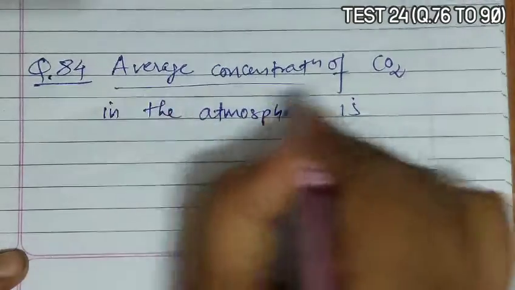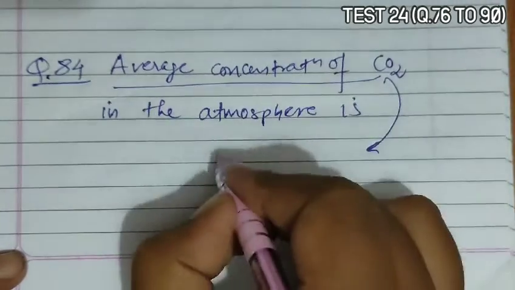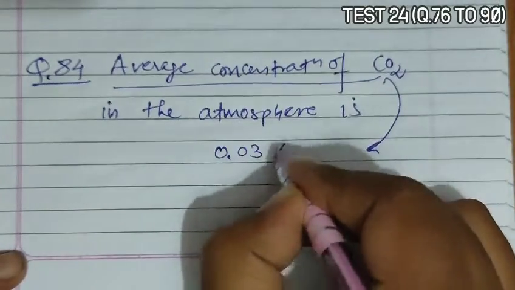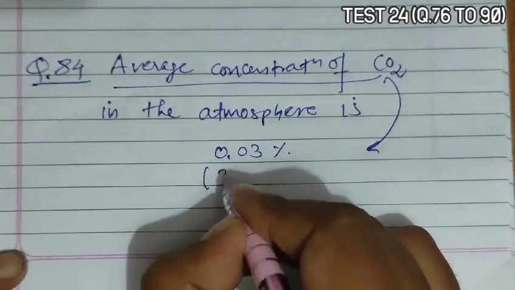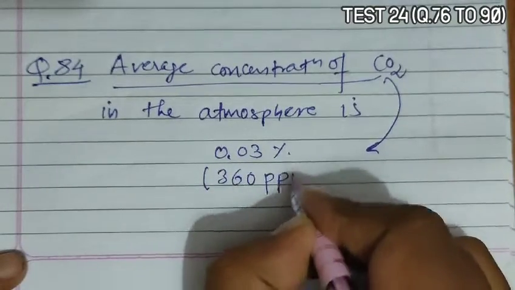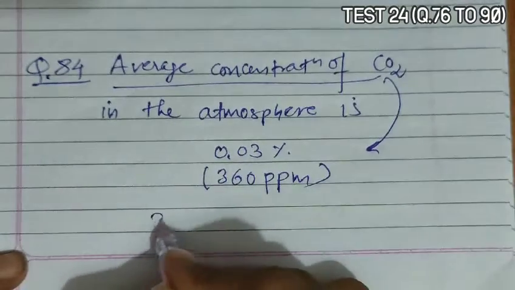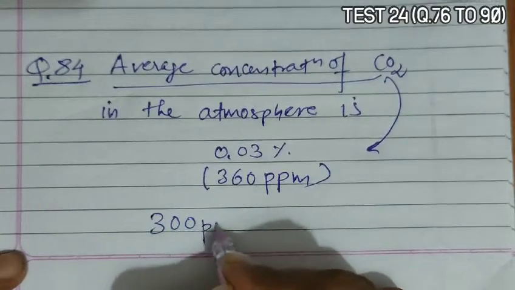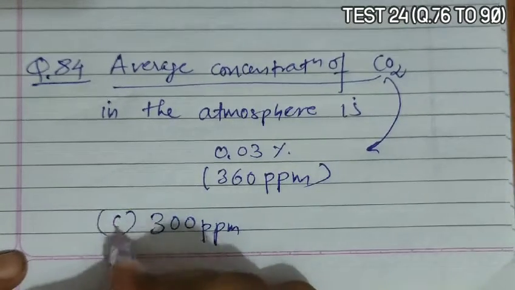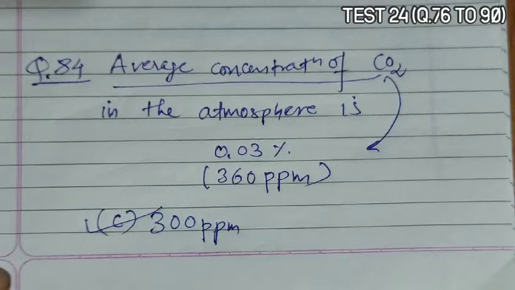You know that the average concentration of CO2 in the atmosphere is 0.03%, that is near about 360 parts per million. In the options, 300 parts per million is given, which is the most appropriate option. So C is the correct answer.